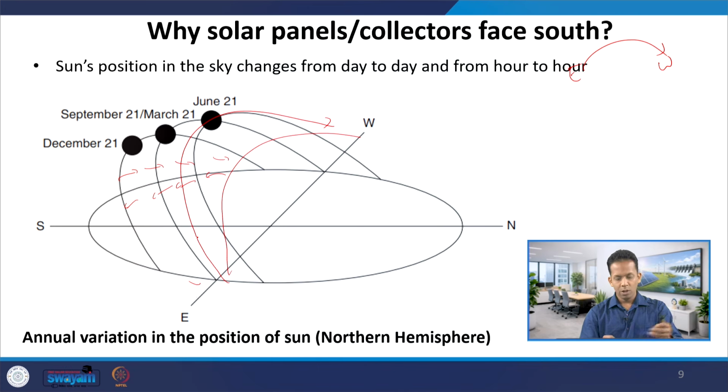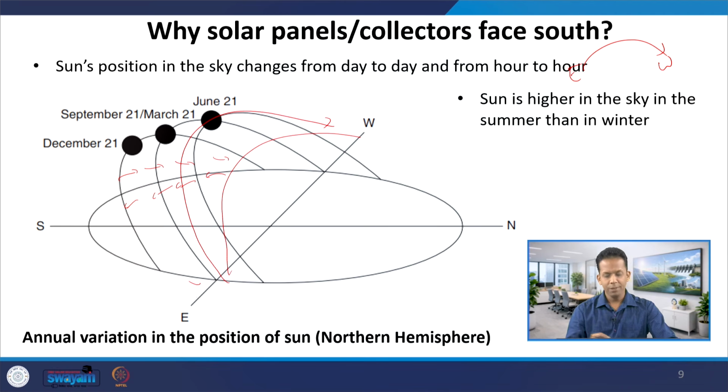It will never cross this line, so it won't come into this hemisphere, it will stay here, but it will always be inclined towards the south. For the first 6 months it will go on this side, and for the next 6 months it will come back again to the overhead point between east and west.